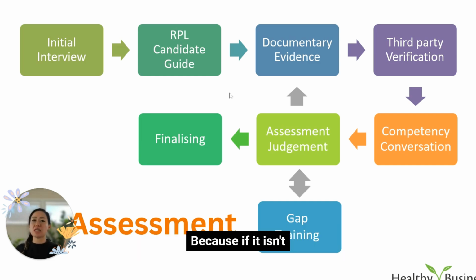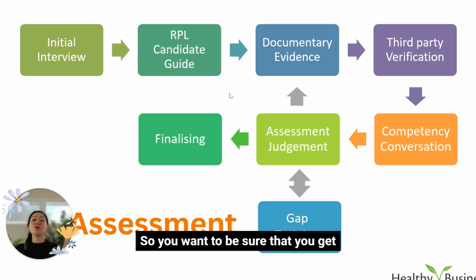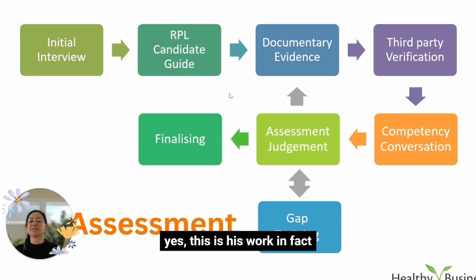Because if it isn't, then we could be violating a whole bunch of other things, such as authenticity as well. So you want to be sure that you get some third-party verification, someone who has worked with John, knows John, and can verify that, yes, this is his work, in fact.